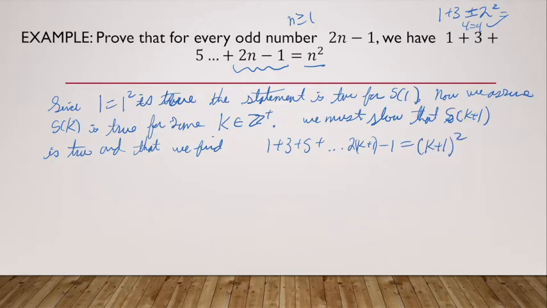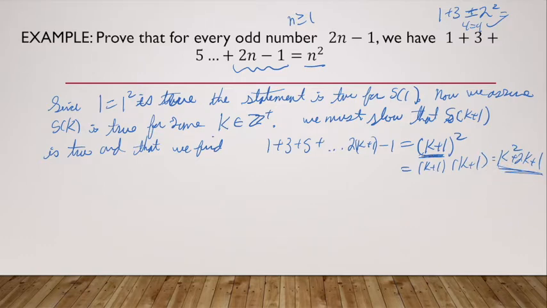So I'm going to go ahead and show you what k plus 1 squared is, right? k plus 1 squared, if we FOIL this out, this gives me k plus 1 times k plus 1. It's going to give me k squared first. So k times k is k squared, plus 2k plus 1. So that could also be what my final step looks like.